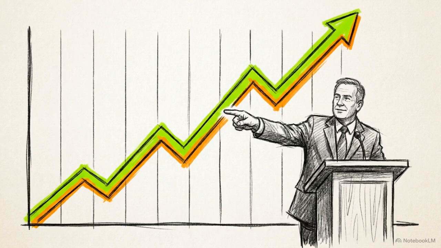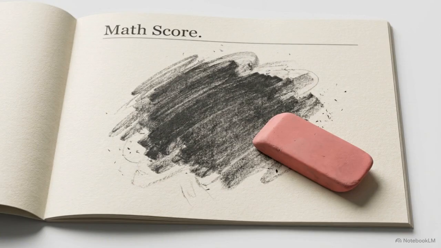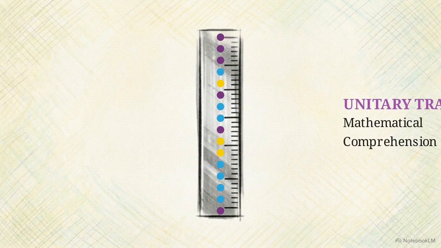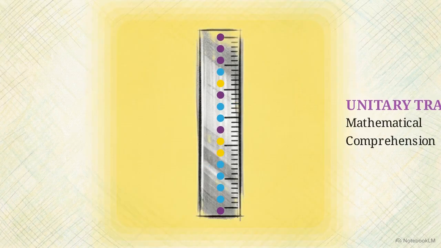But there is a massive structural compromise required to make vertical scaling mathematically possible across that span of time. For a vertical scale to function correctly, every single test item must correlate heavily to one global unitary trait. In a math test, that trait is a generalized concept of mathematical comprehension.